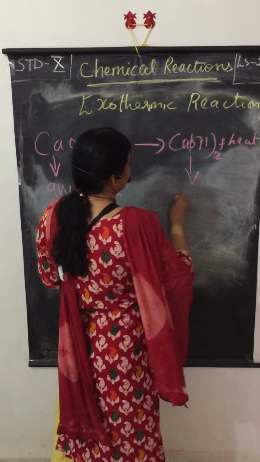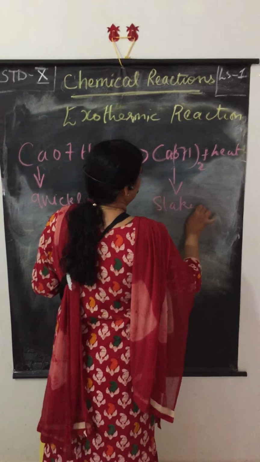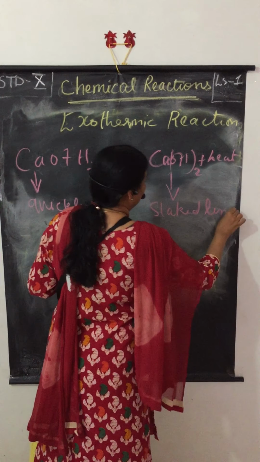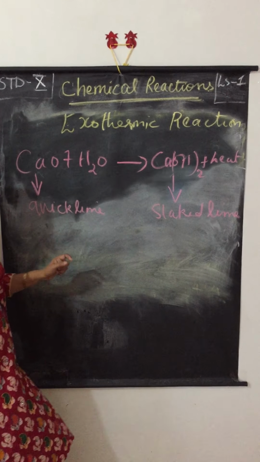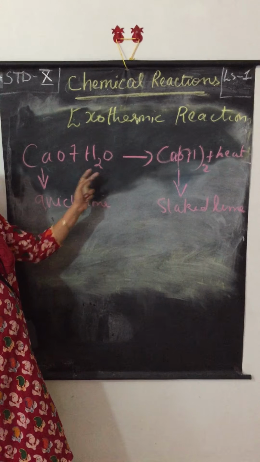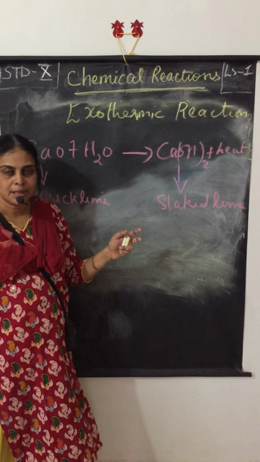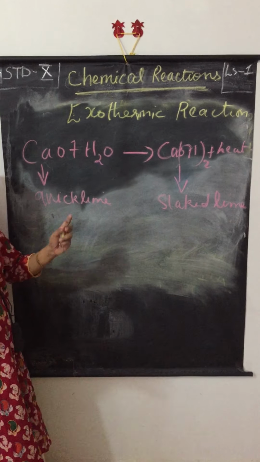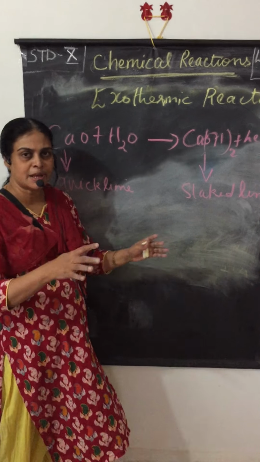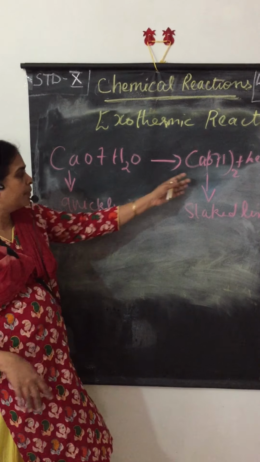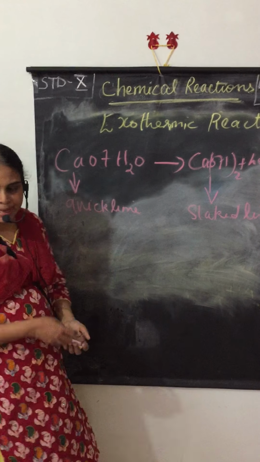Calcium hydroxide is called slaked lime. Now, while whitewashing the wall, calcium oxide, quicklime, is dissolved in water. After some time you can see heat is produced and it becomes very hot. That is because of the exothermic reaction.